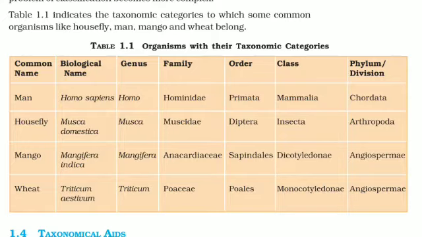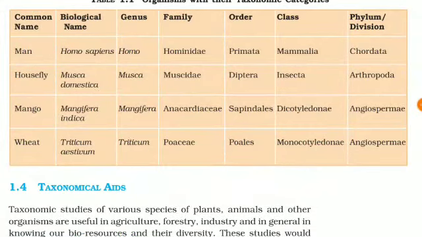Then you have mango, Mangifera indica, the binomial nomenclature. Then you have genus Mangifera. It belongs to the family Anacardiaceae and order Sapindales, and the class Dicotyledonae, and the division Angiospermae.